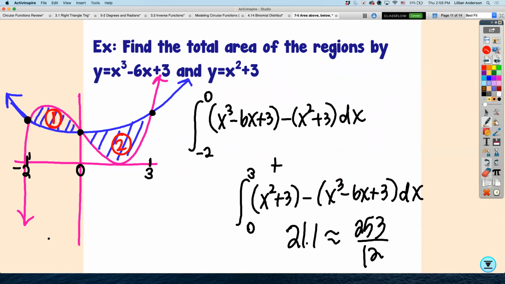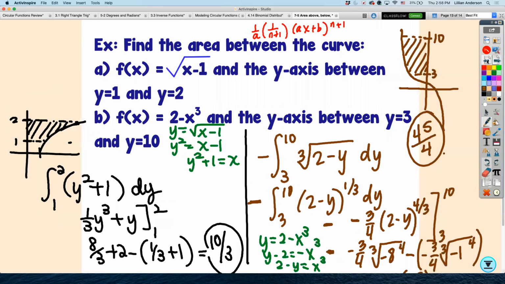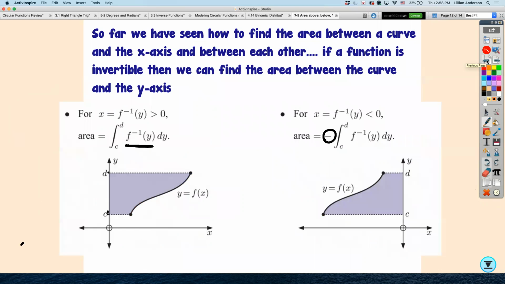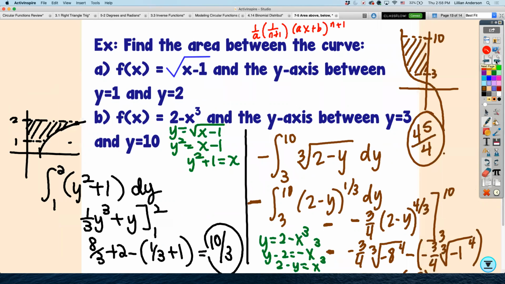Be careful that at any point, the function that was originally on top may not be on top for the entire interval. So be aware of that. And then lastly, between the y-axis, if it's to the right of the y-axis, it's positive, to the left is negative, and we do it with respect to y. So make sure that you solve your functions for y, so that way you can find the antiderivative.